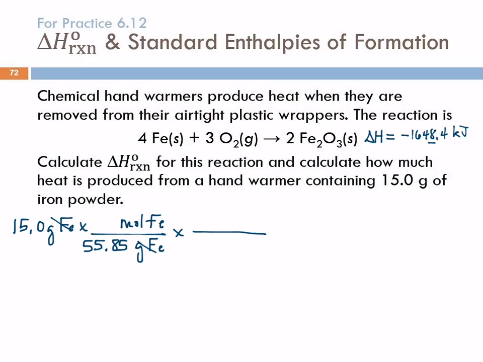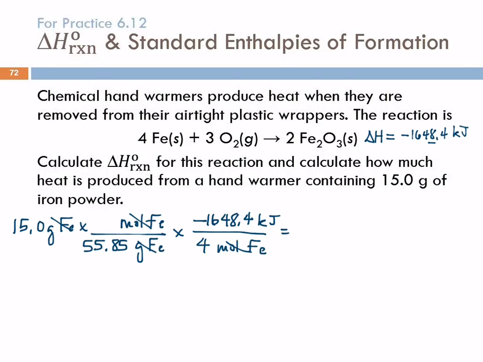And then I don't need to go to moles of anything else, because this heat of reaction applies to every single thing. So it's this amount of energy, negative 1648.4 kilojoules for every 4 moles of iron.